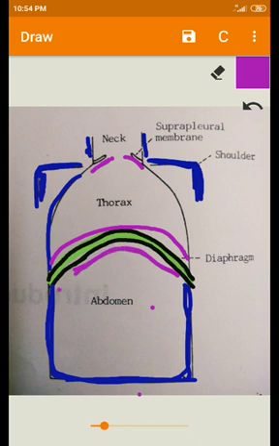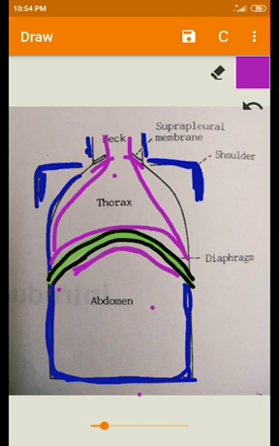Again, the thorax resembles a truncated cone, narrow at the upper end and broader below.